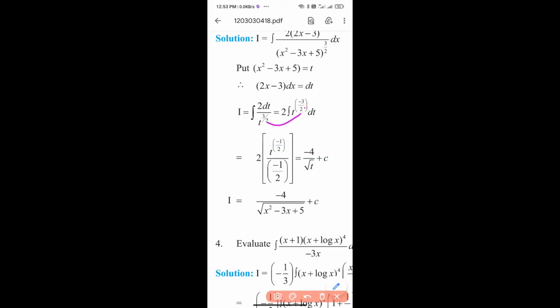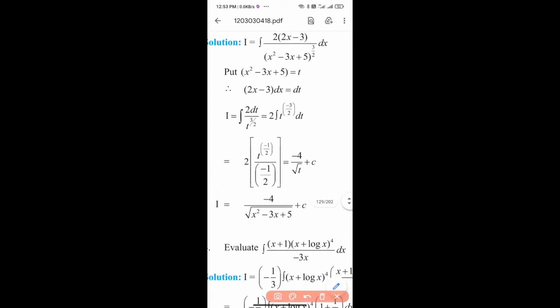And here we can use the formula integration x raised to n dx is equal to x raised to n plus 1 divided by n plus 1 plus c. So instead of x there is t. So we are integrating this here with respect to t. That's why you just have to replace this with t only, and the rest of the formula is the same.